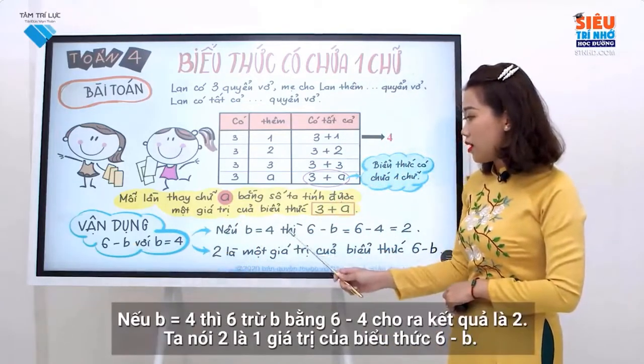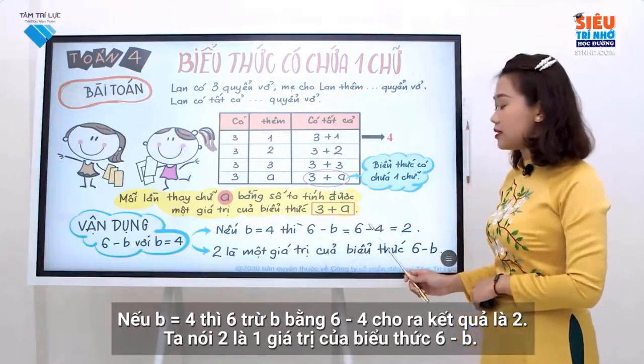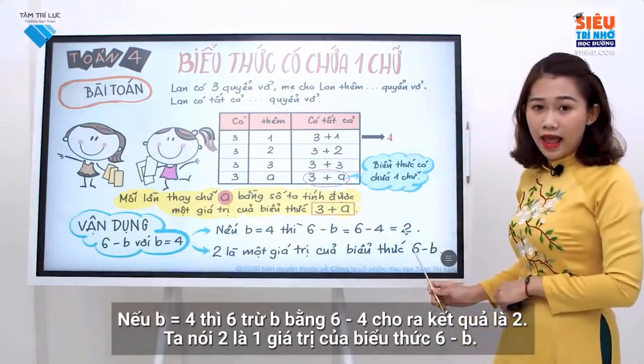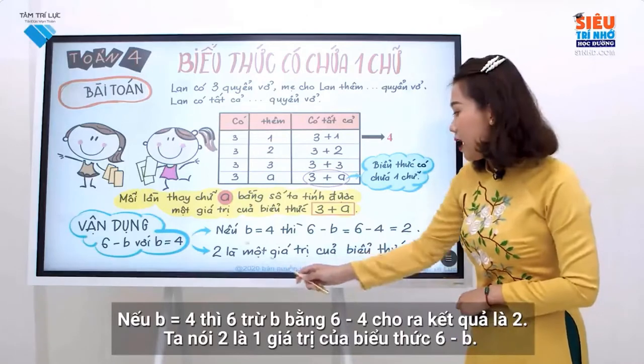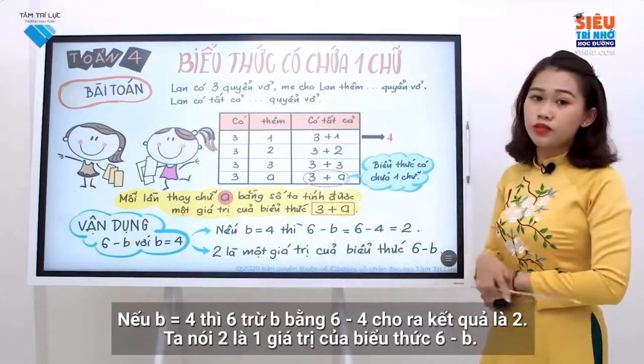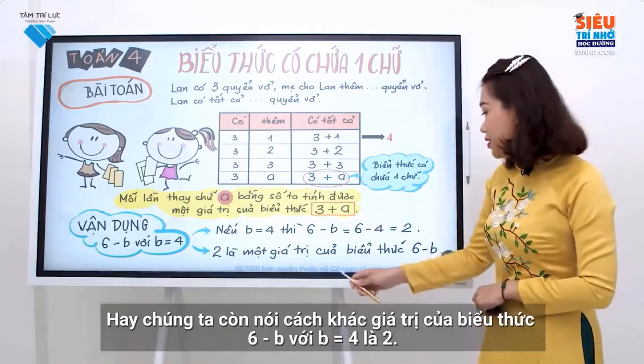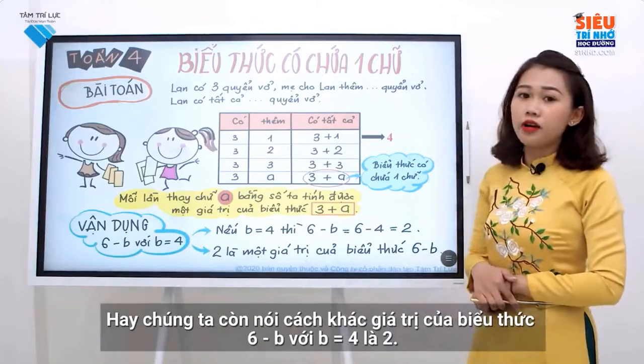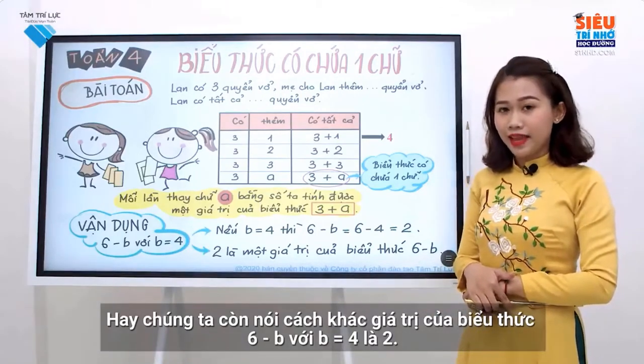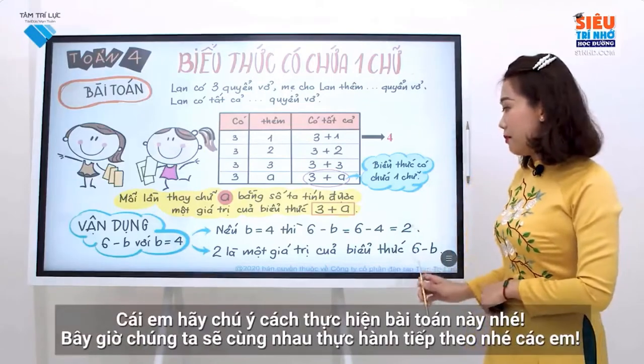If b equals 4, then 6 minus b equals 6 minus 4 equals 2. We say that 2 is the value of the expression 6 minus b. Or in other words, the value of the expression 6 minus b with b equals 4 is 2. Please pay attention to how to solve this problem.